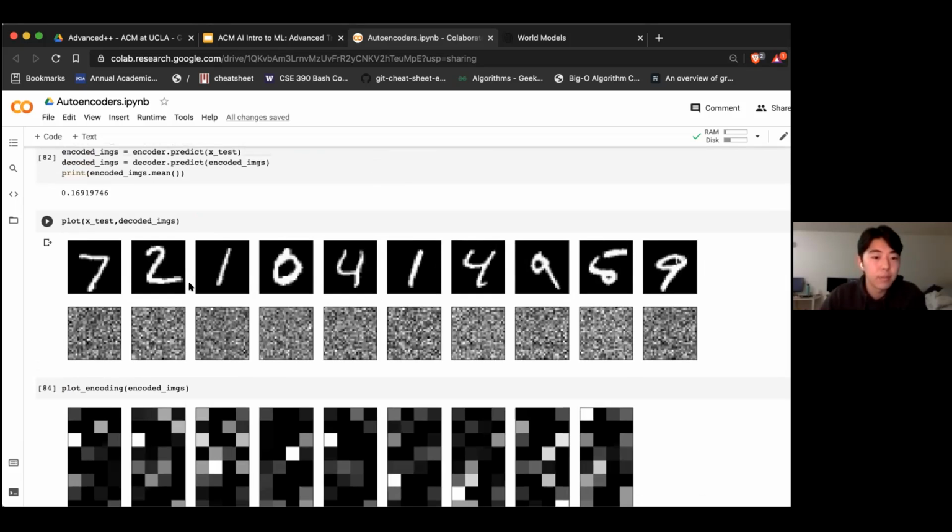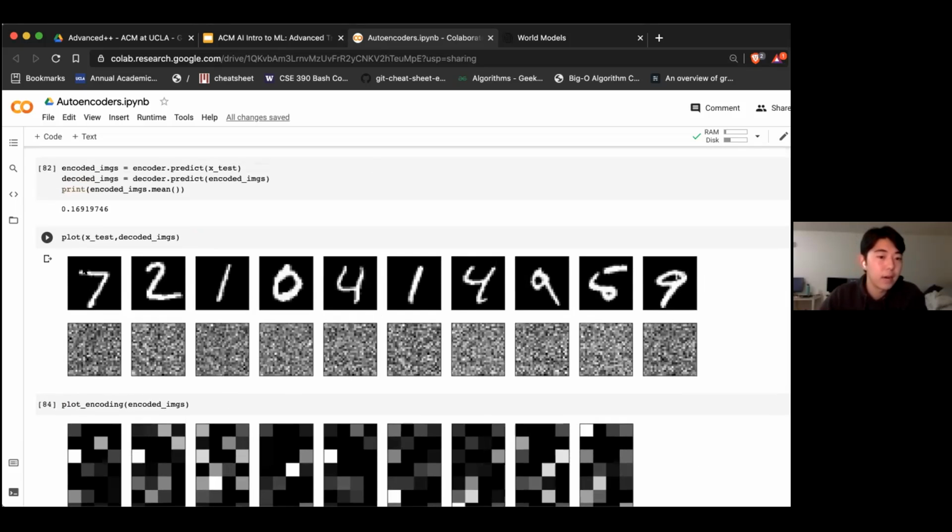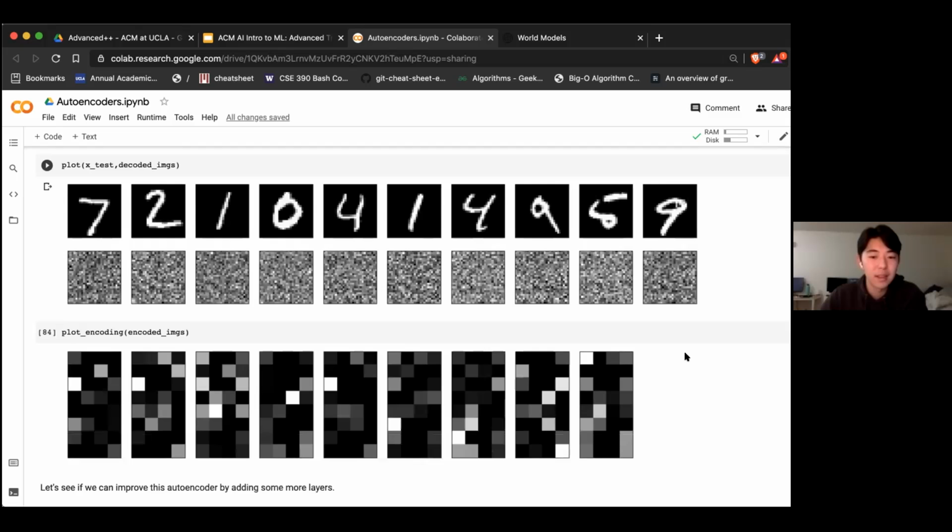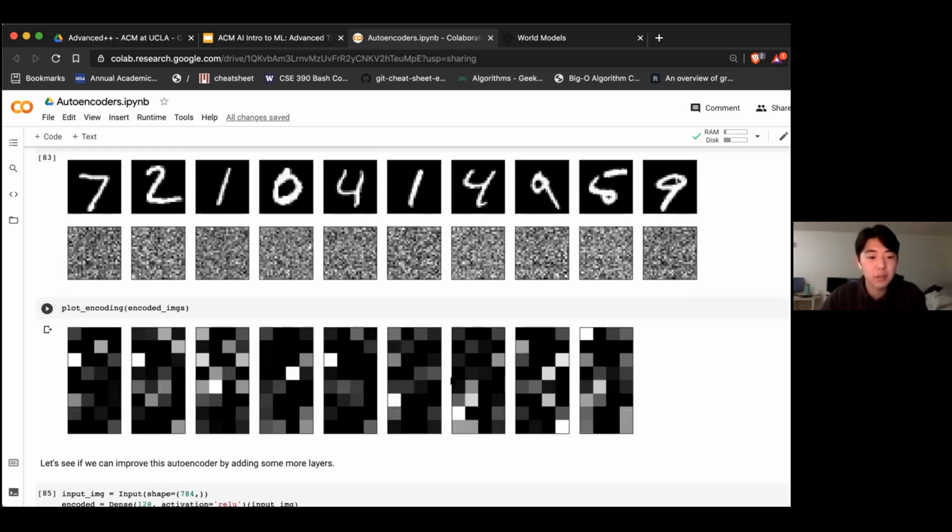First, we have our initial input images here. And then, without training our model, we have these decoded images, which definitely need some work to resemble our original images. We'll try to do that through training.